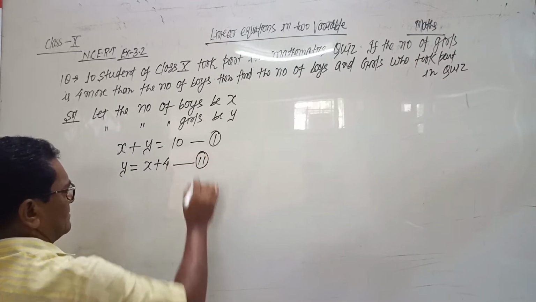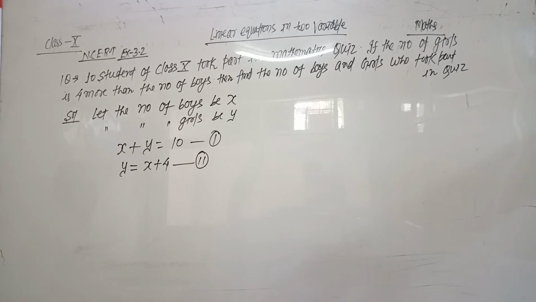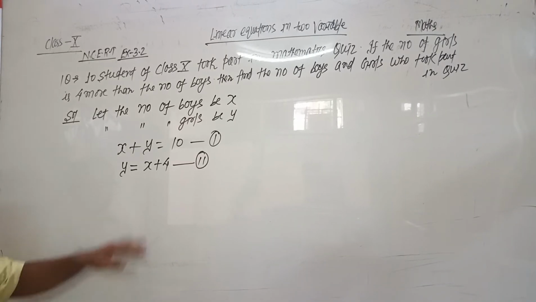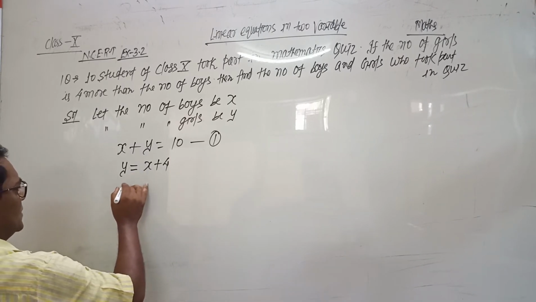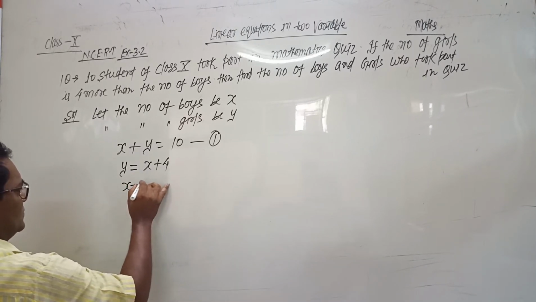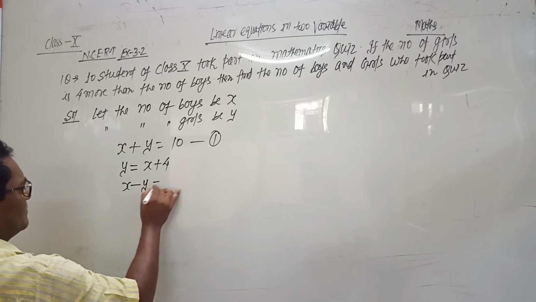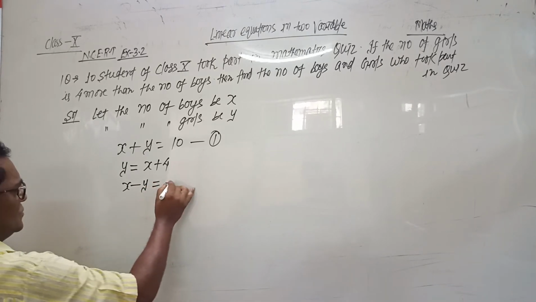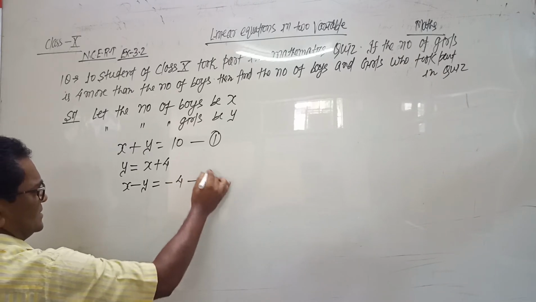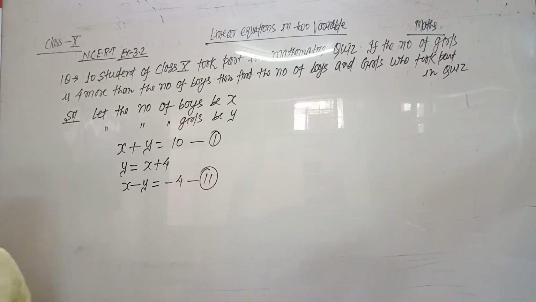Name it second equation. So solve this. This becomes x minus y equals to minus 4. This is the second equation.